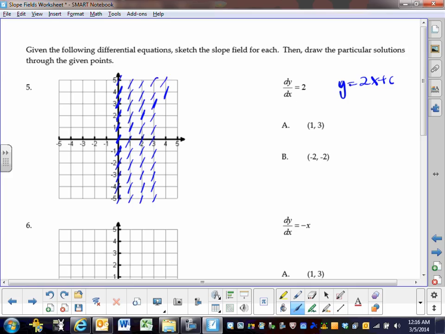Actually, there are infinitely many because we could have all the values halfway between as well, or a quarter of the way. So it doesn't really know what value we have. We simply know that we have any line that has a slope of 2 would be our possible solution. So that's actually called a family of solutions.